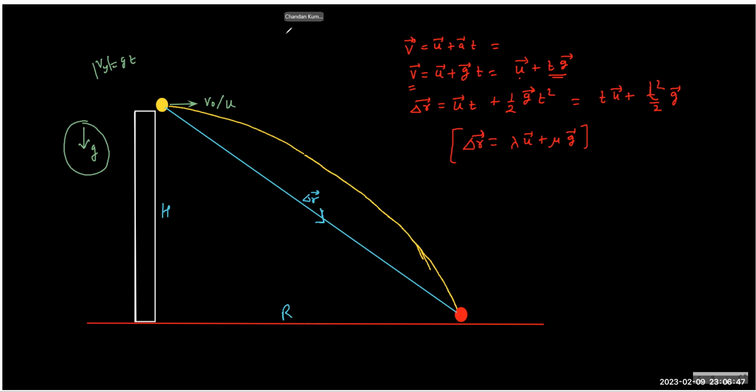Just tell me, what is the definition going to be? Define, guys, please define. What should be the correct definition of range? Anyone?